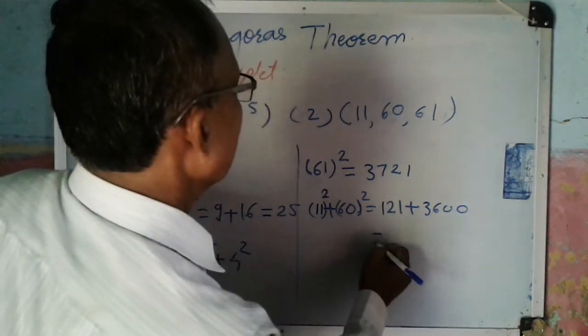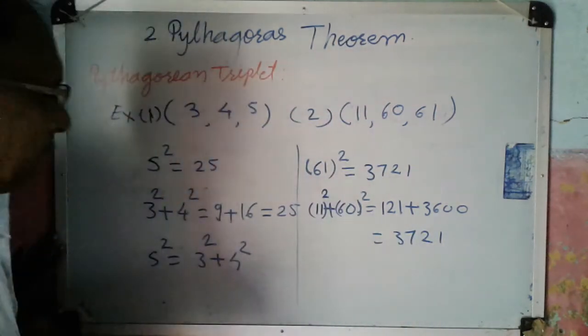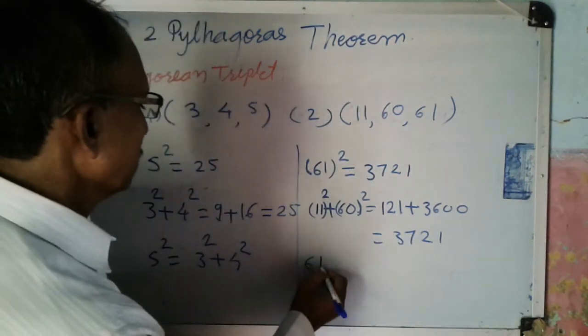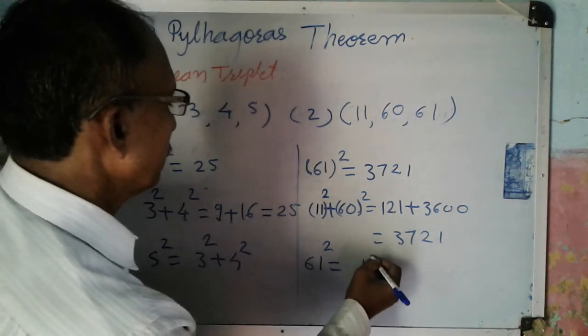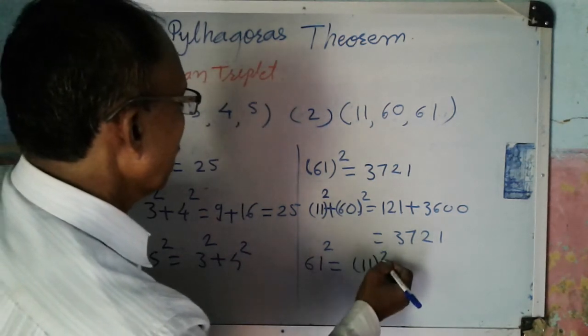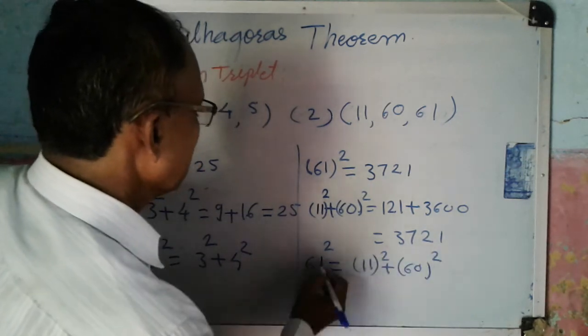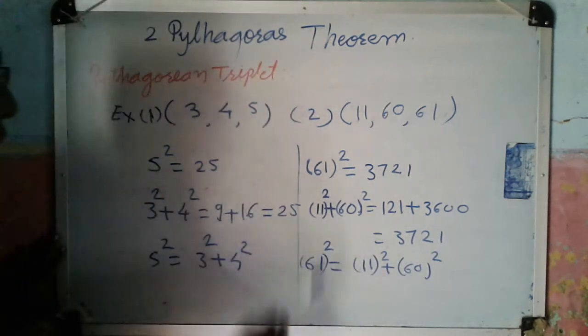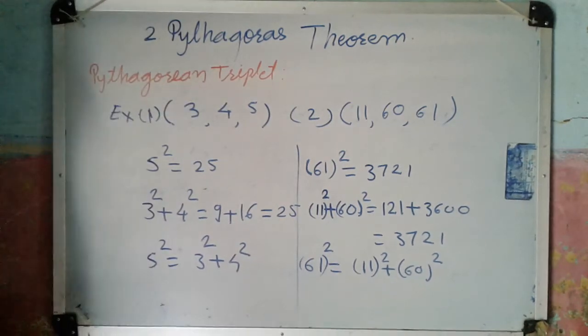The sum is 3721. That means here 61 square is equal to 11 square plus 60 square. So this is also called a Pythagorean triplet.